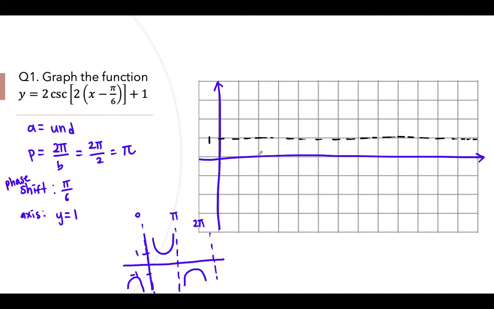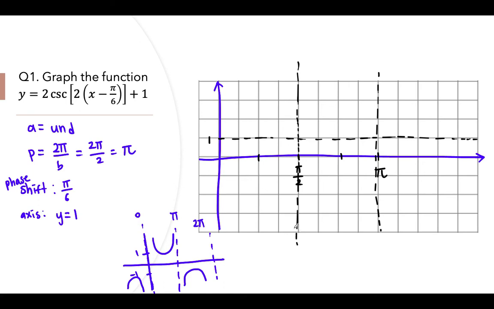That means I'm going to divide it into 4 sections again. So instead of writing one cycle as 2 pi, one cycle is going to be pi, and pi over 2. So the vertical asymptote is going to happen at pi and at 2 pi, right in between.